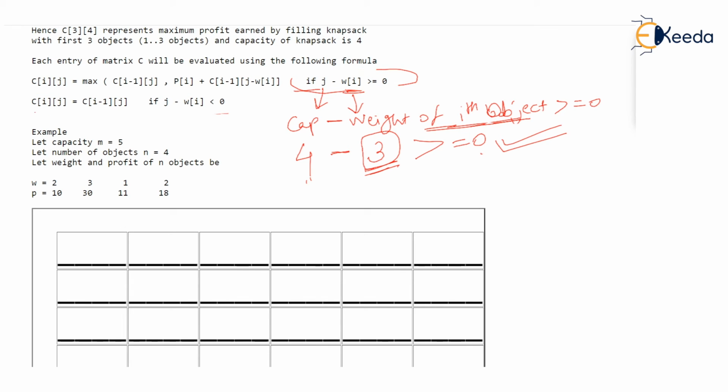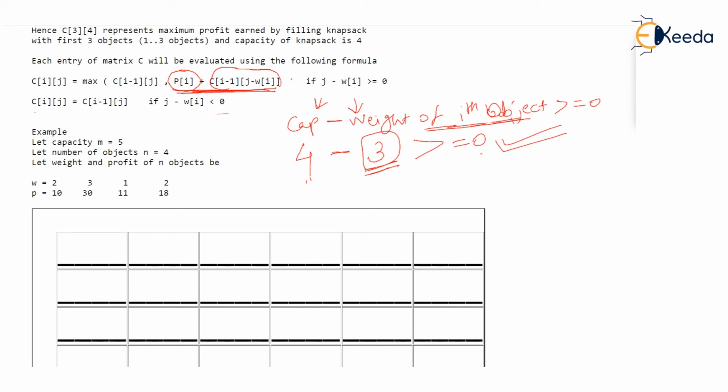The first formula has two parts. You watch, I'm marking the second part to begin with. You can add the ith object. So imagine you have added the ith object, then you will definitely get the profit of the ith object because you have added it. And then how many objects are remaining? Obviously you have added the ith object, then i minus 1 objects remain, isn't it? And what is the capacity of the knapsack remaining?